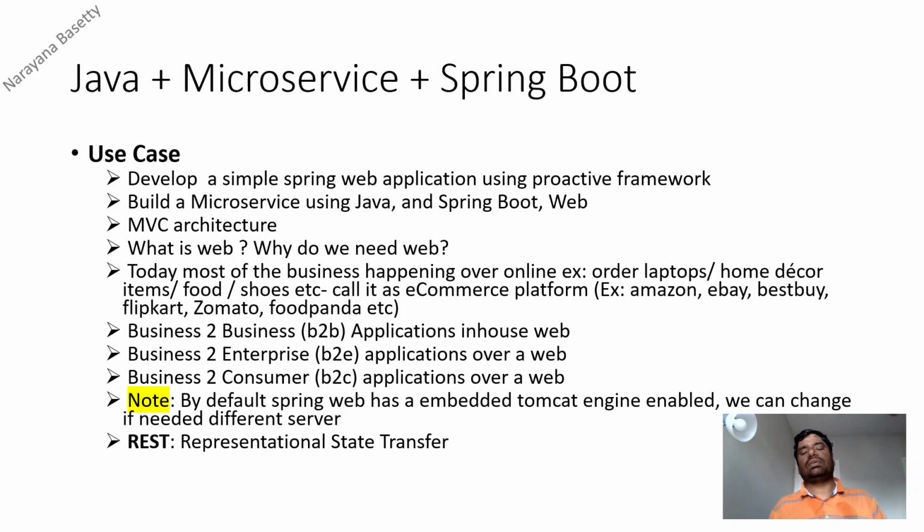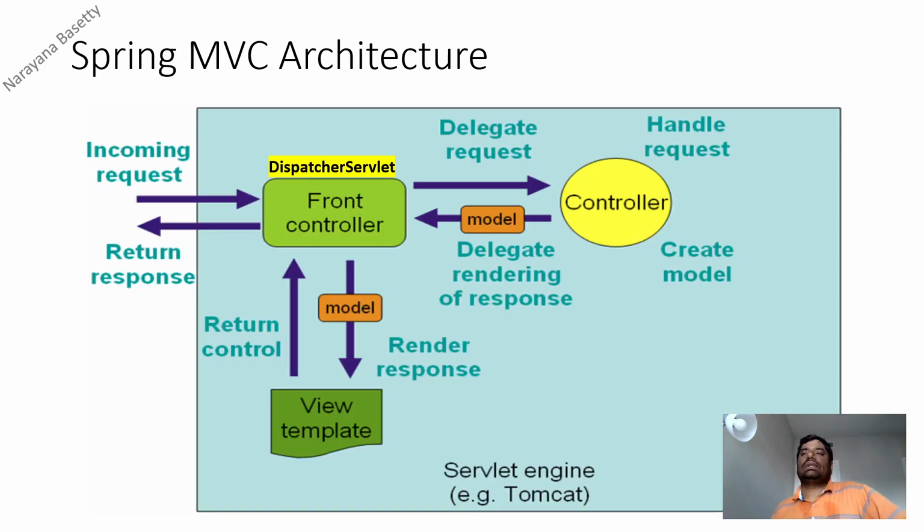So REST full form is representational state transfer. So this is the simple MVC architecture. Usually it is all implemented based on the servlet approach. You get an input request in whatever form, either a post form or a get form or a put form, and it is received by a dispatcher servlet, that is a front controller, which is used underneath by the Spring implementation, and that request will be delegated to a controller.